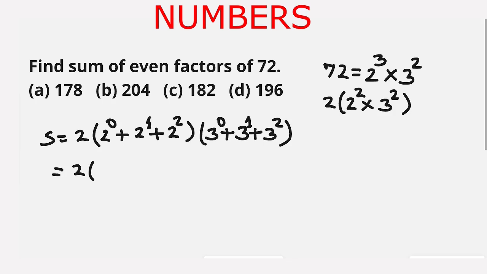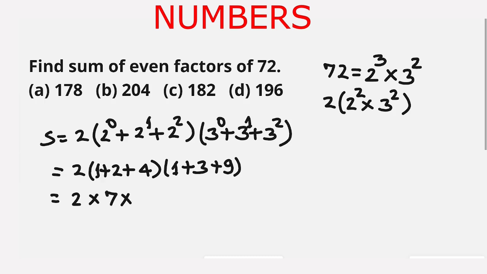and this is equal to 2 into 2 to the power 0 is 1 plus 2 to the power 1 is 2 plus 2 to the power 2 is 4, multiplied by 3 to the power 0 is 1 plus 3 to the power 1 is 3 plus 3 to the power 2 is 9, and this is equal to 2 multiplied by 1 plus 2 is 3 plus 4 is 7, multiplied by 1 plus 3 is 4 and 4 plus 9 is 13, and 13 times 7 is 91 and 91 times 2 is 182.